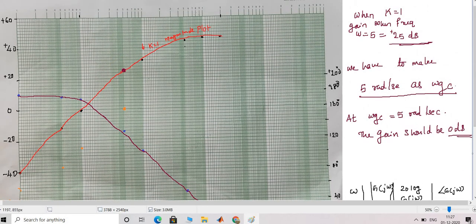From each of these points you have to subtract 25 dB. At 10, the value in decibels is approximately 33. 33 minus 25 is 8 decibels.